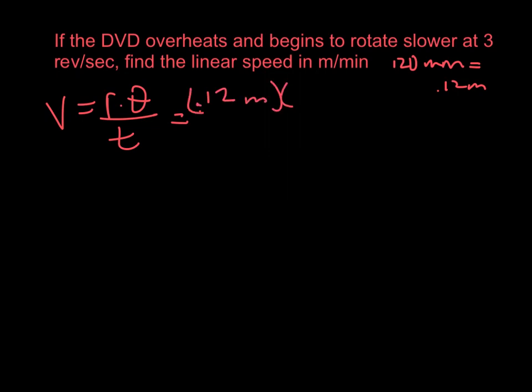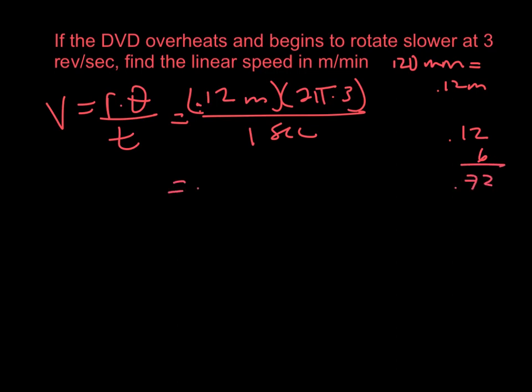And my theta is 2 pi times my 3, over 1 second, because it's 3 revolutions per second. So when I multiply 0.12 times 2 times 3, which is 6, that's 0.72. That gives me 0.72 pi meters per second.